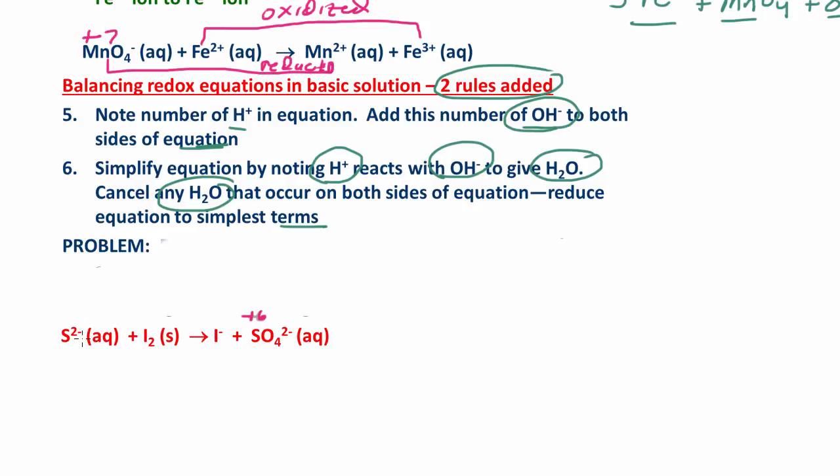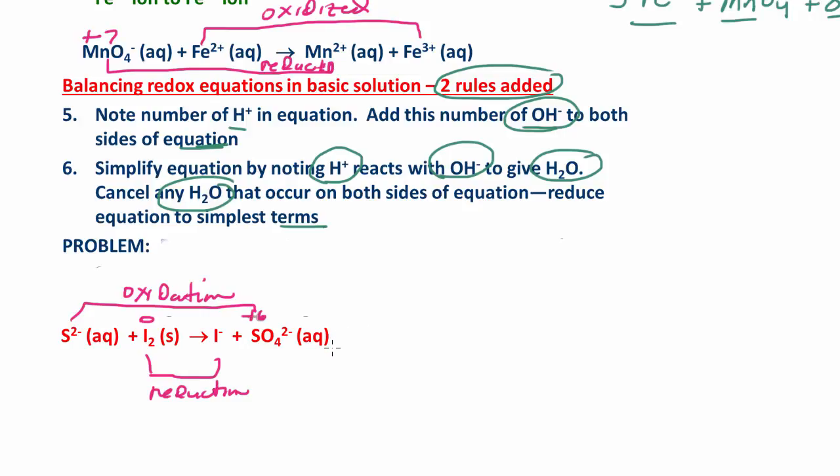So it goes from a -2 and increases to a +6. So this here is our oxidation. And then we have iodine. This is molecular iodine, a 0 oxidation number. Here we have a -1. So the oxidation number is decreased. So this is the reduction.